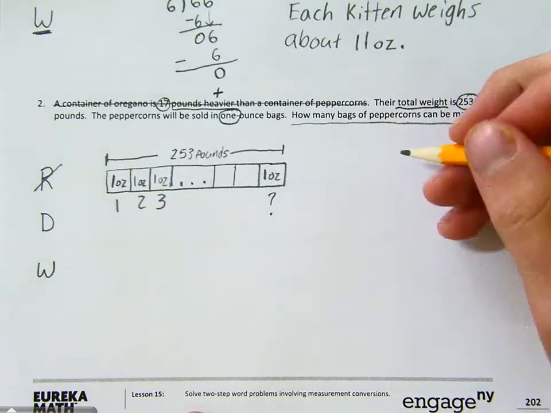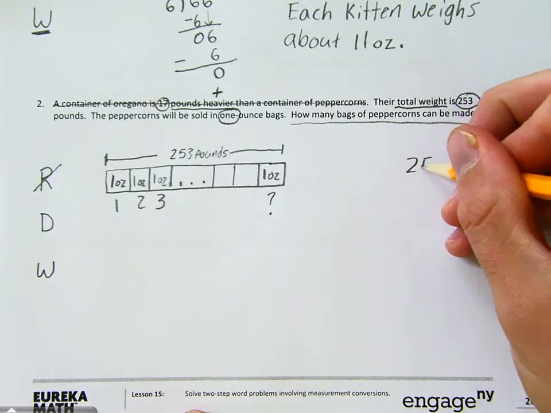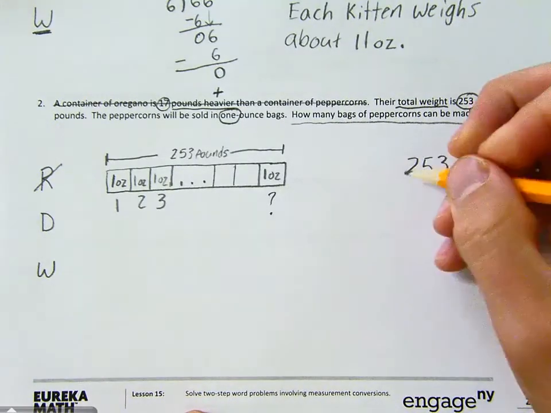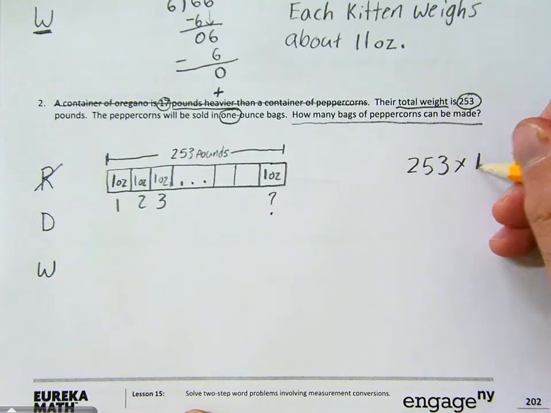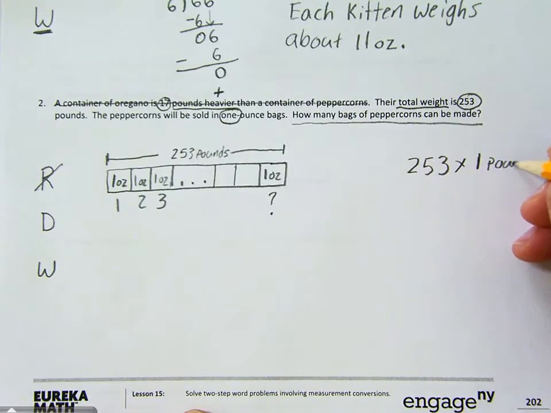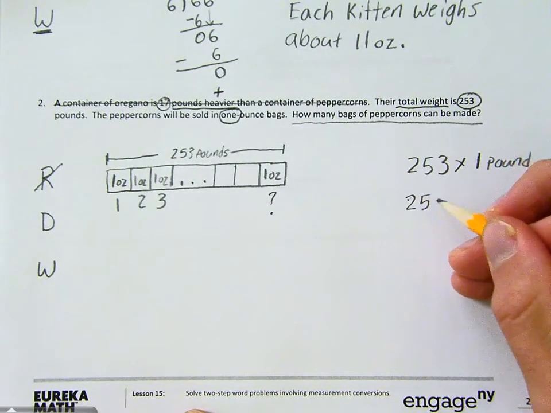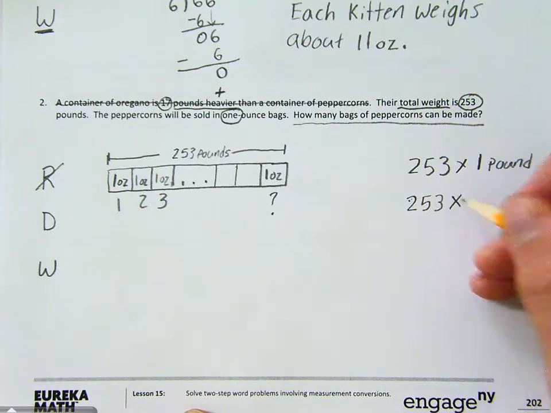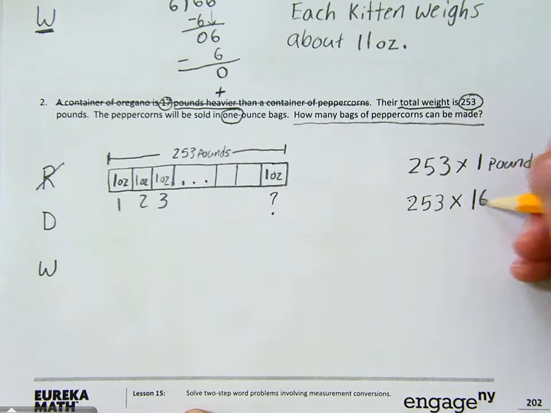In order to do that, I need to take 253 and do times 1 pound, 253 times 16 ounces.